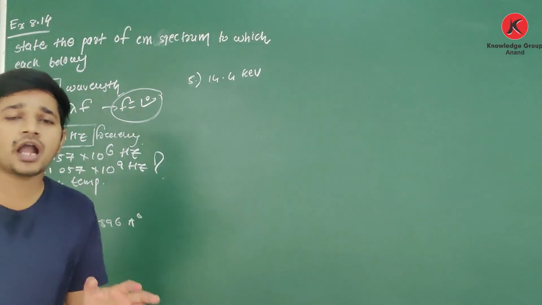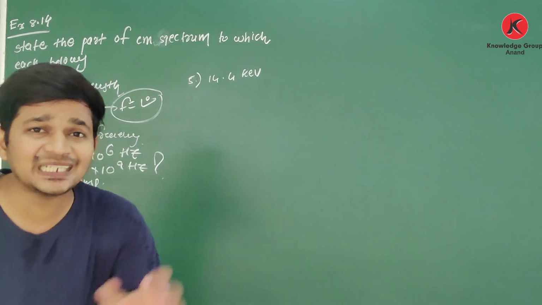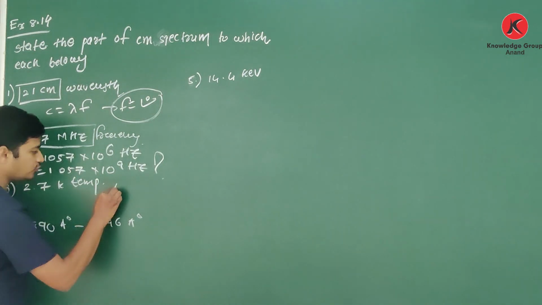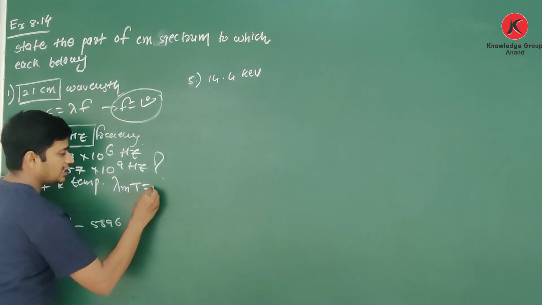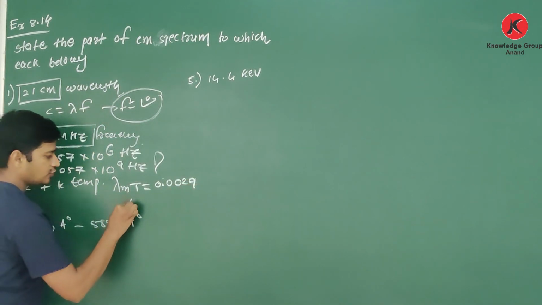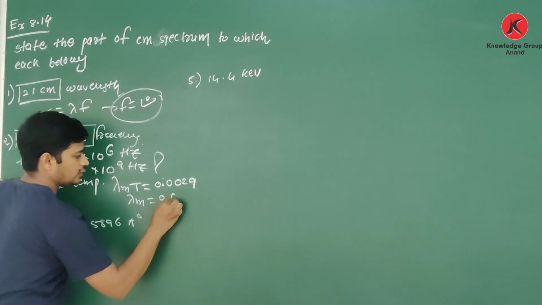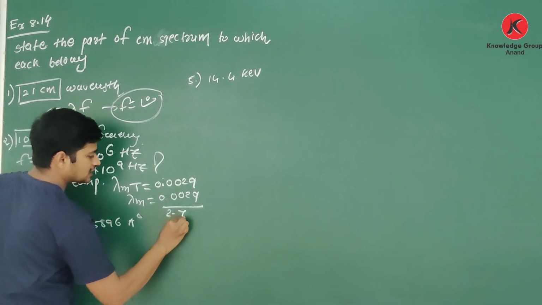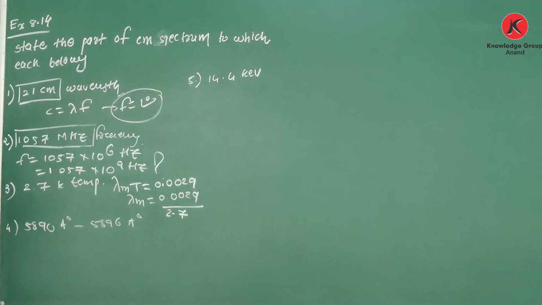That you have to write from the given table in your textbook. Similar question, 2.7 Kelvin temperature. Here you have to use lambda m into T is equal to 0.0029. So you have to find lambda m: 0.0029 divided by 2.7, and you will get the value of lambda.